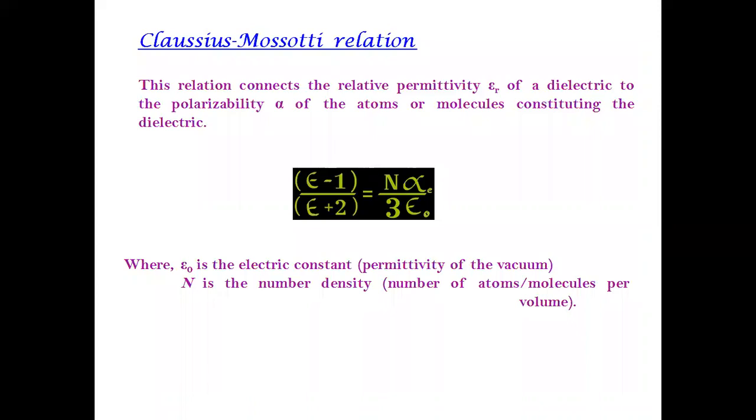Mathematically, it is epsilon minus 1 by epsilon plus 2 is equal to n alpha by 3 epsilon 0, where epsilon is the relative permittivity, alpha is the polarizability, and n is the number density. And we get the relation between the relative permittivity, polarizability, and the electric constant or the permittivity of a vacuum. This is all about the dielectric material.